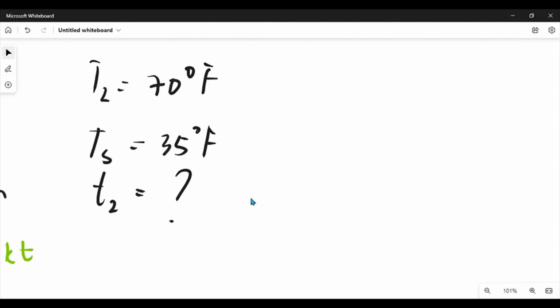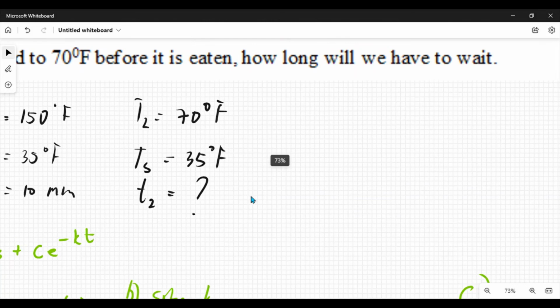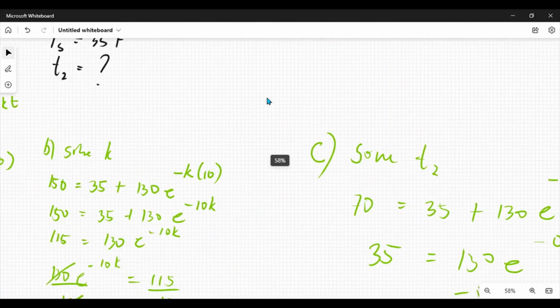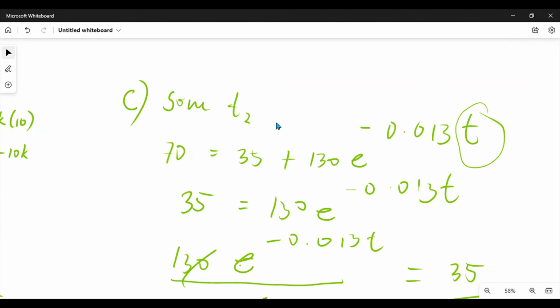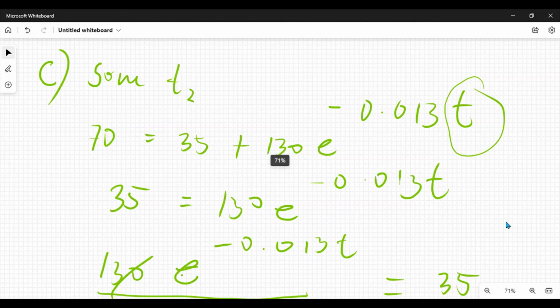And then your T sub 2, that's unknown. So we're predicting the time it takes for the lasagna to cool down to 70 degrees Fahrenheit. We already have the values that we will need in solving T sub 2.